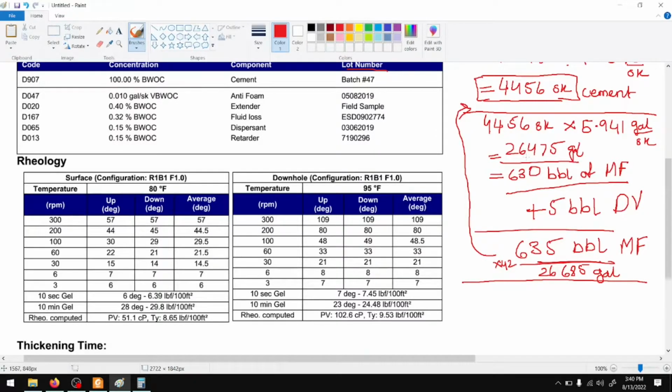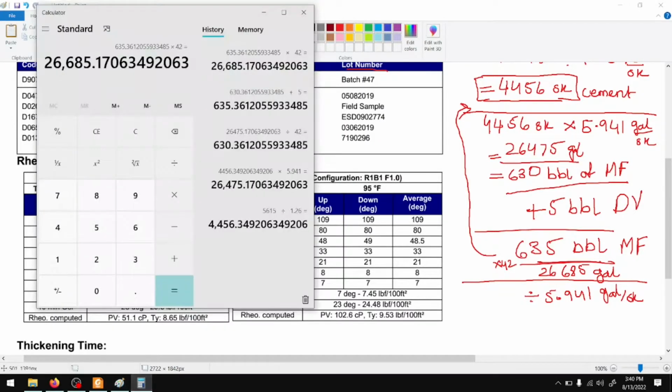So this is the amount of gallons that we need to make. Previously it was 26,475. Anyhow, we'll divide this number by the mixed fluid concentration, which is 5.941 gallons per sack, to get your sacks of cement.